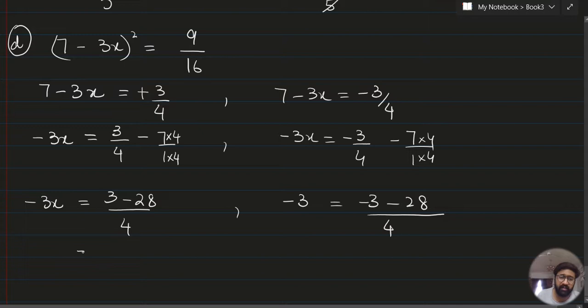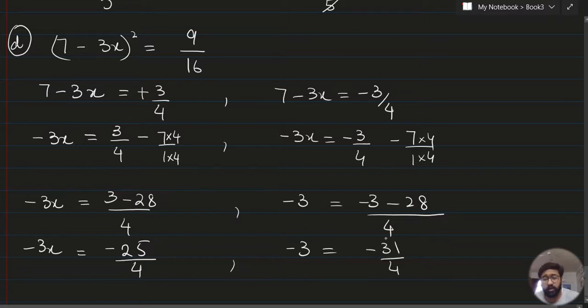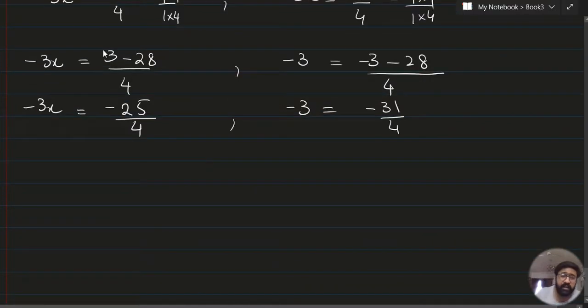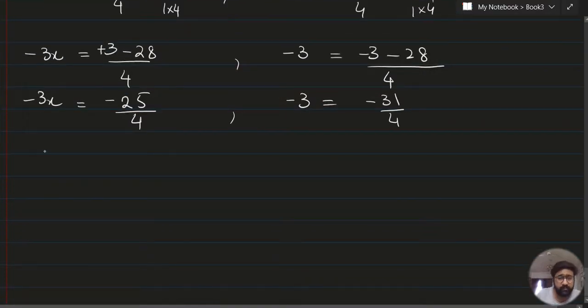Now if I simplify this side, it is going to give me minus 25 by 4 is equal to minus 3x, and this side is going to give me minus 31 over 4, because same signs are going to add the two numbers and different signs are going to subtract.